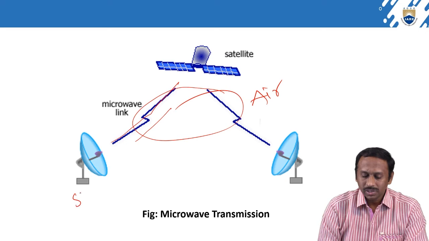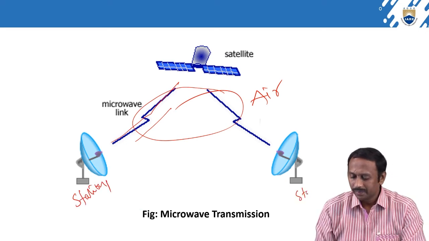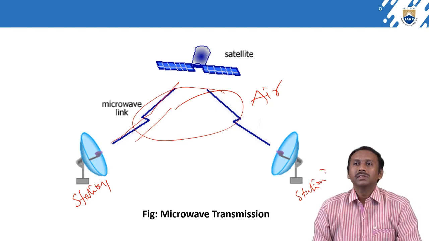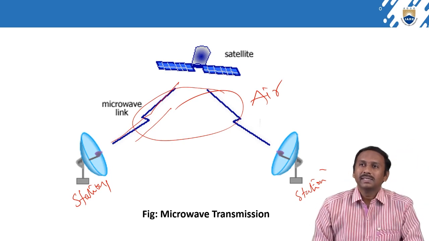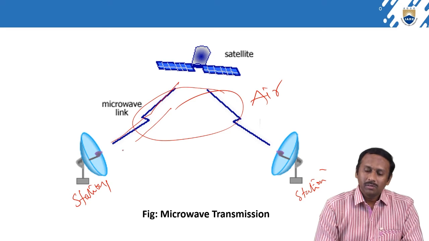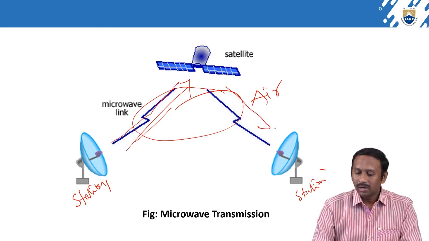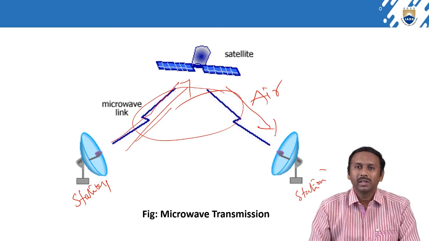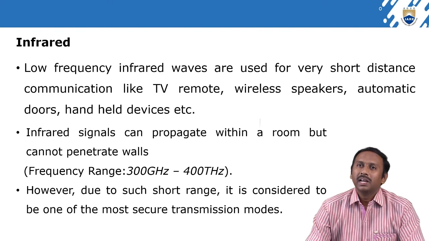This is station 1, up to station N. Different stations communicate directly with the satellite, and data transmission goes from here to the satellite and from the satellite to other stations, right?